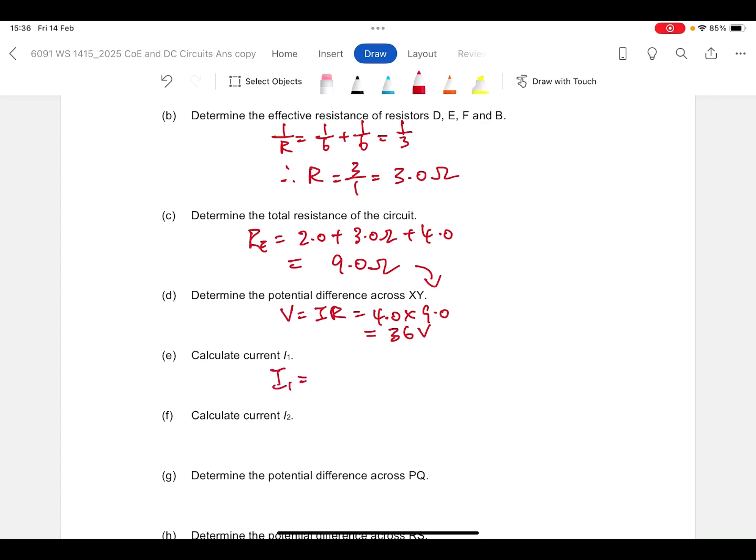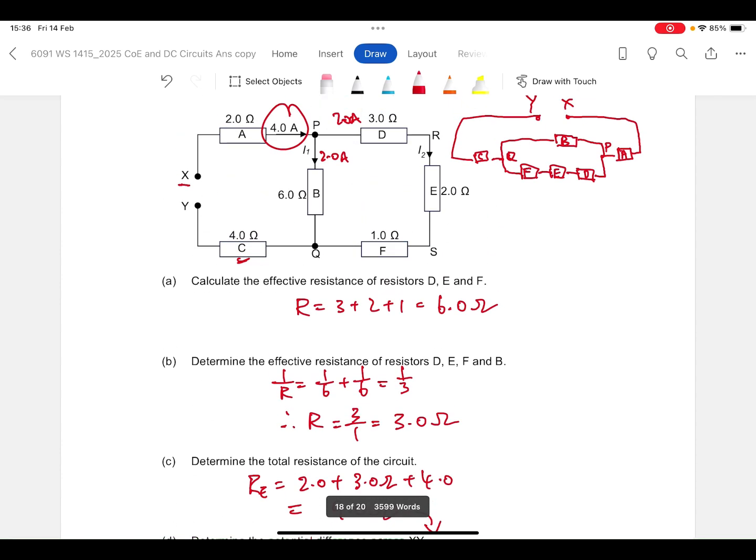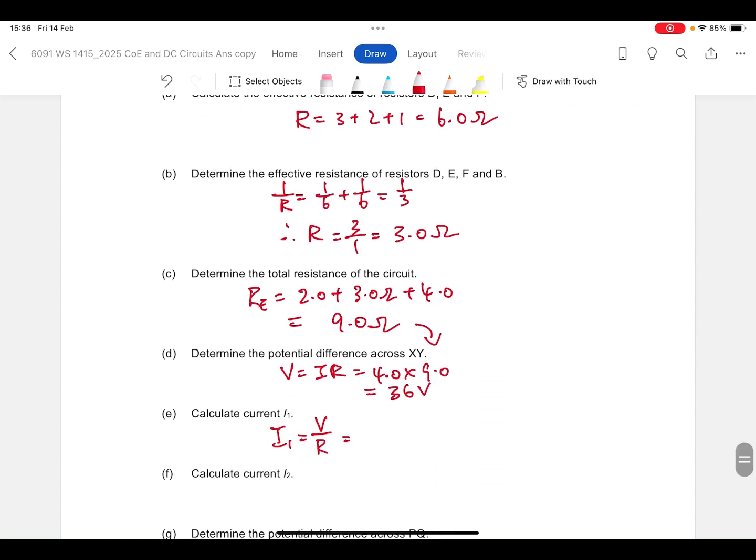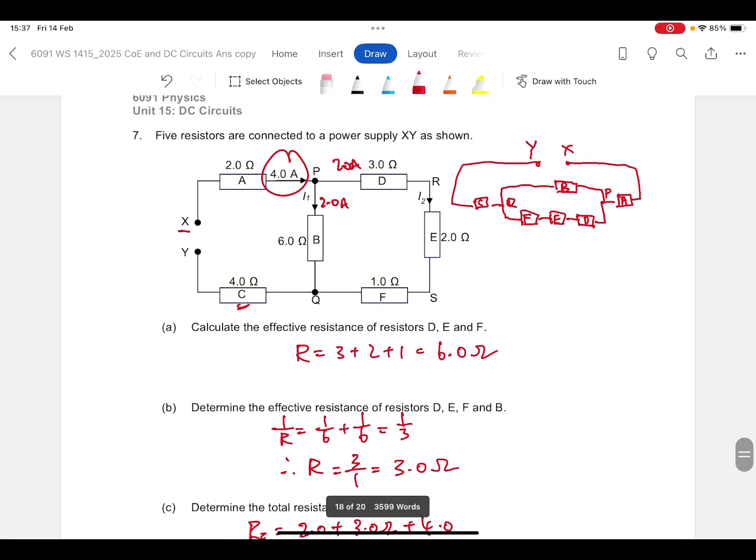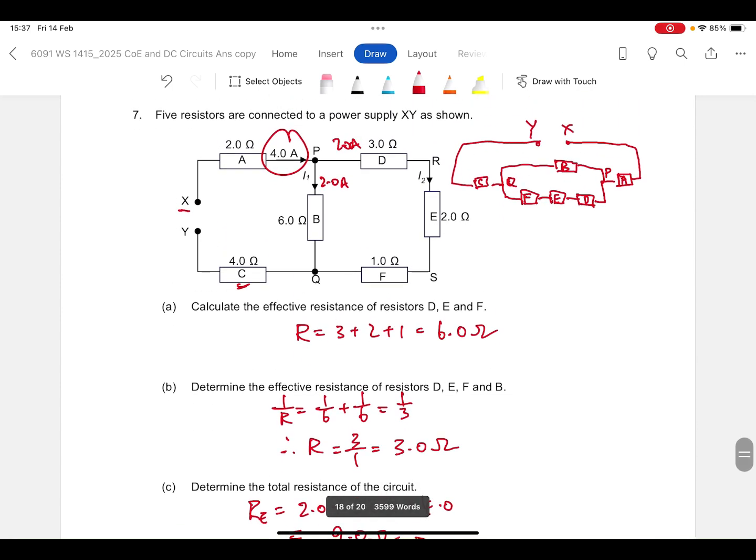Do we have that information? We don't. So you need to find the potential difference across PQ first.